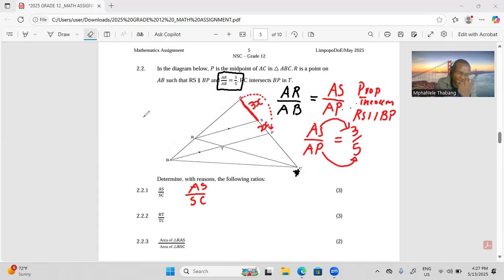So I'm saying the AP, this is what we call the line segment addition postulate. Yes, line segment addition postulate. So we are saying the distance from A to P is the sum of AS plus SP.